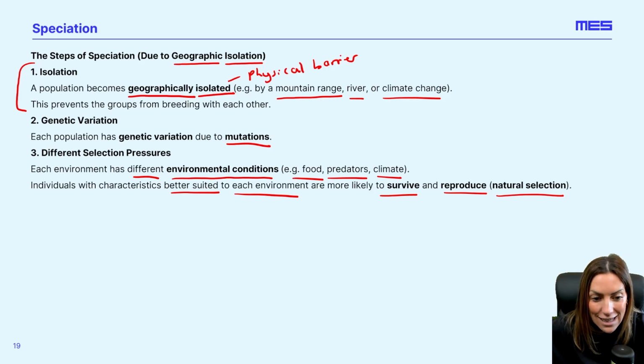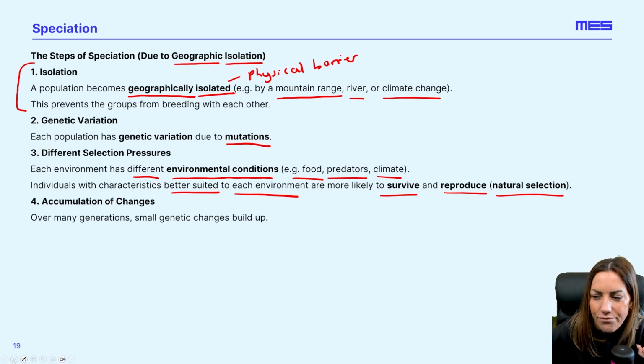They have been isolated by a geographical barrier, okay? Obviously, we still say there's genetic variation, but we've got different environments. So we're kind of saying natural selection happens differently. Different characteristics give an advantage. So different organisms survive, reproduce, and pass on their genes.